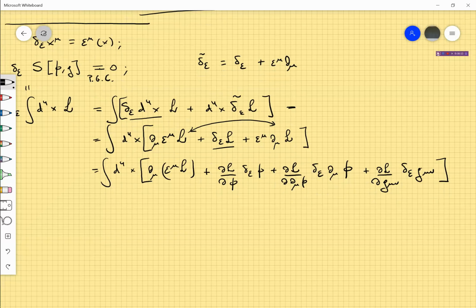So now I need to know this delta epsilon phi and this delta epsilon partial mu phi. This is something that we studied when we studied the scalar field, and under this kind of transformations we have this. Remember that this basically follows from the property that the scalar is invariant.